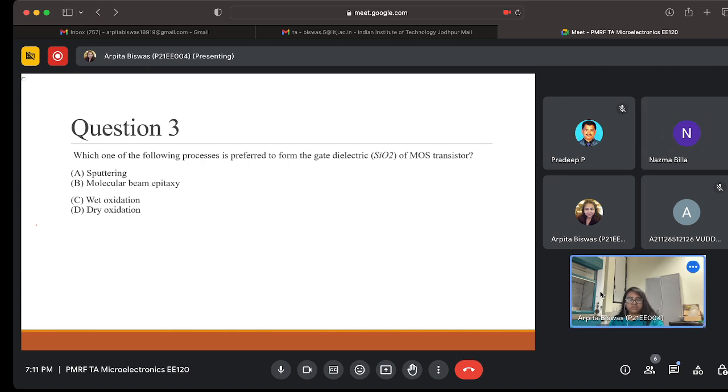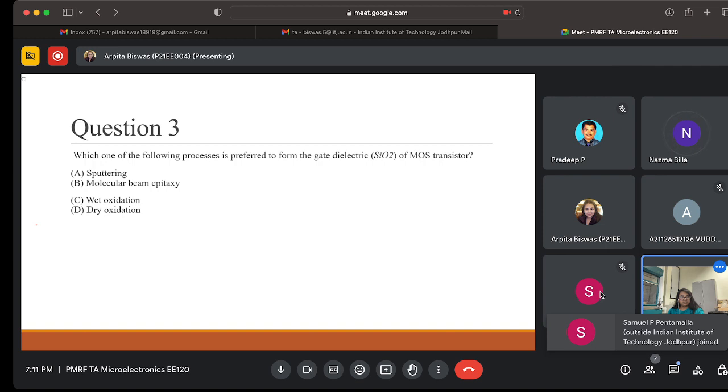And in wet oxidation, H2O reacts with silicon. In that case, is oxygen used or only H2O used for the wet oxidation process? Can anyone tell? In the wet oxidation process, do we use only H2O for the oxidation or H2O with oxygen?